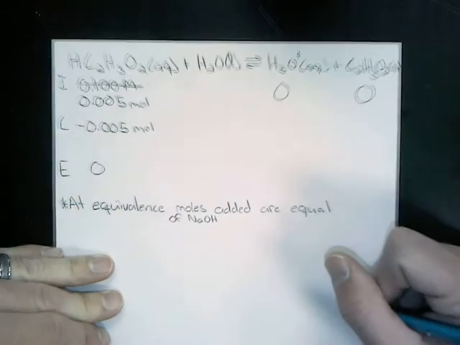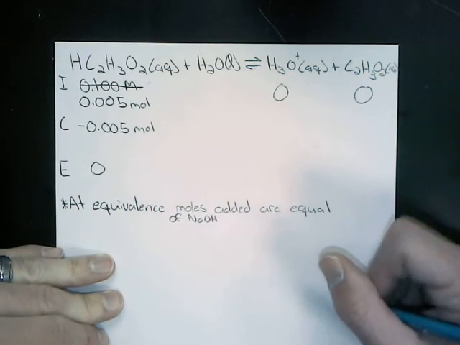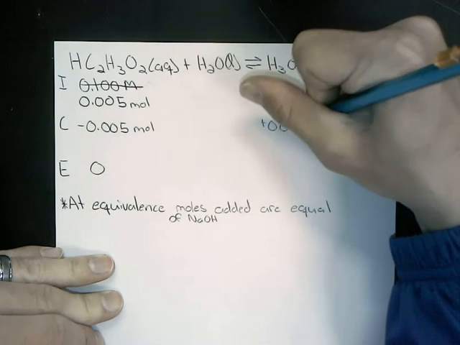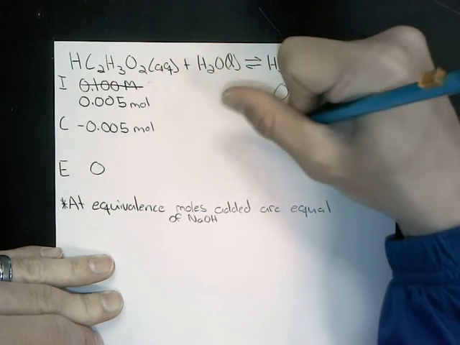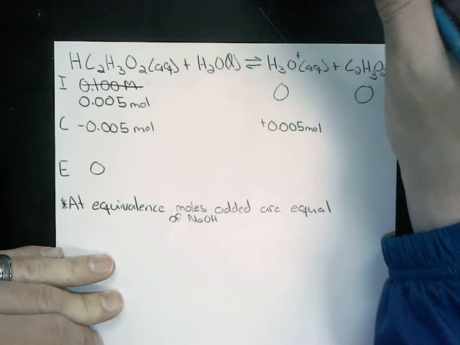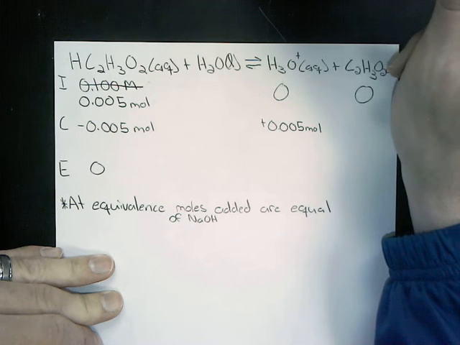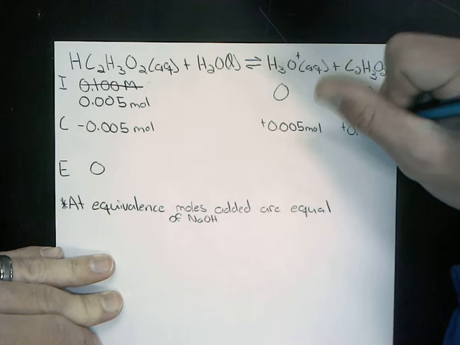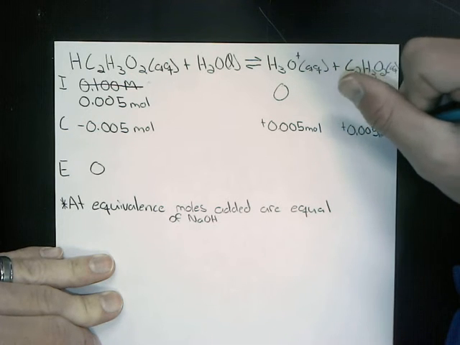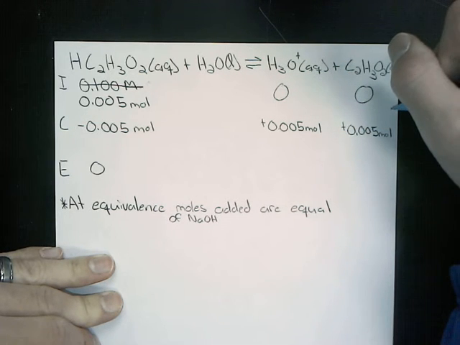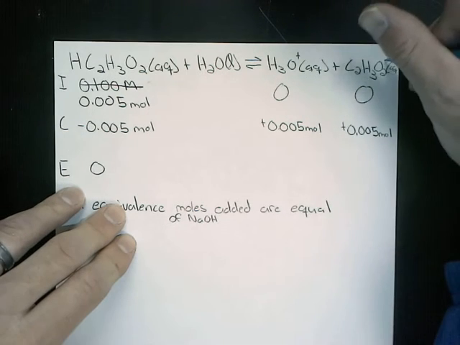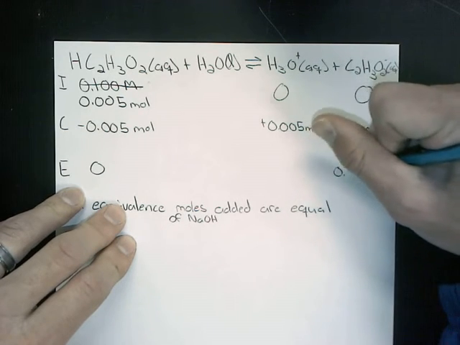So at our equilibrium, we have none of this value. We have added our moles of our acid, and more importantly, we have added 0.005 moles of our particular weak base, okay? So I'm going to concentrate on this.